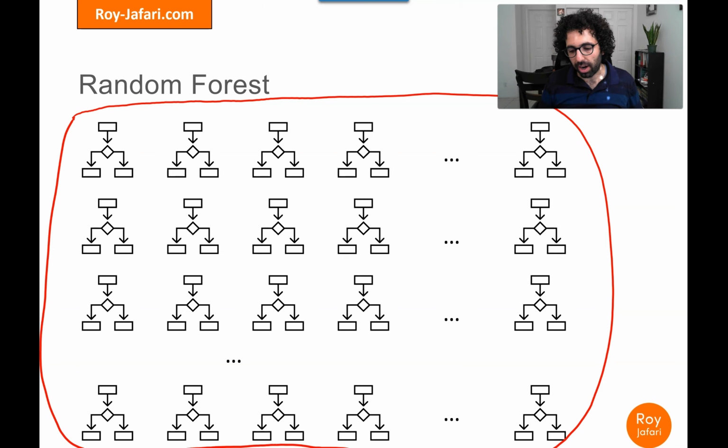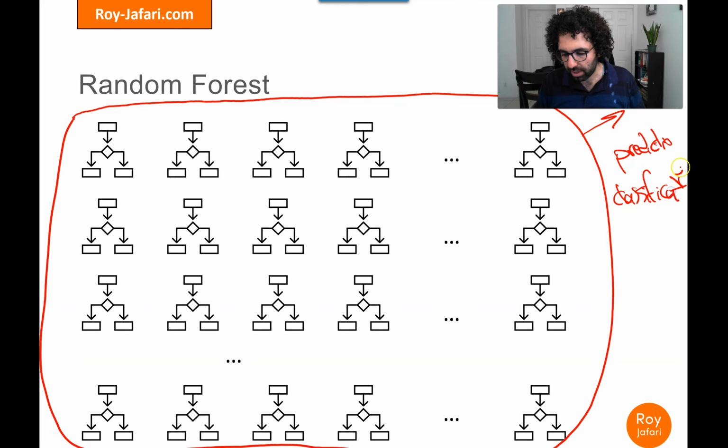And once all of these decision trees are done, it combines the opinions of all of these weaker classifiers to come to one decision, one prediction or classification.